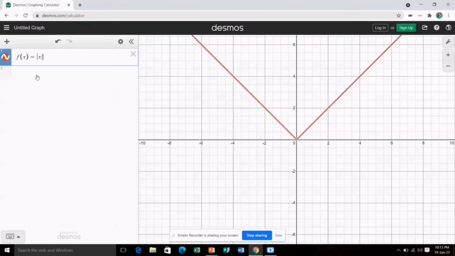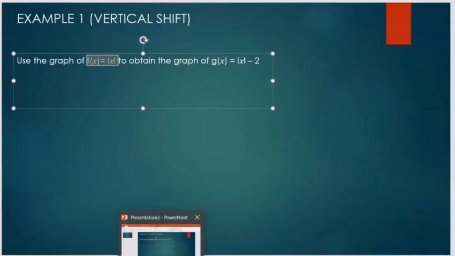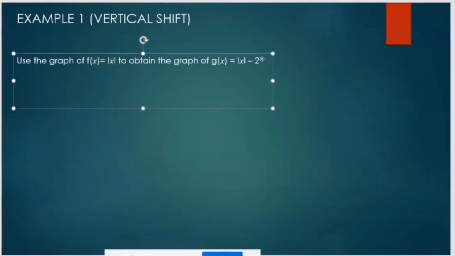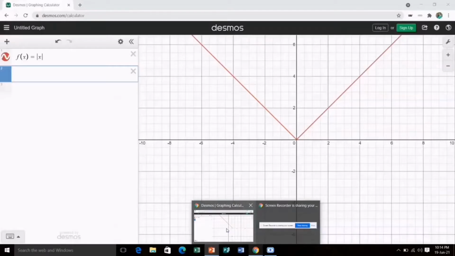For the next one, we insert this equation: g(x) equals absolute x minus 2.